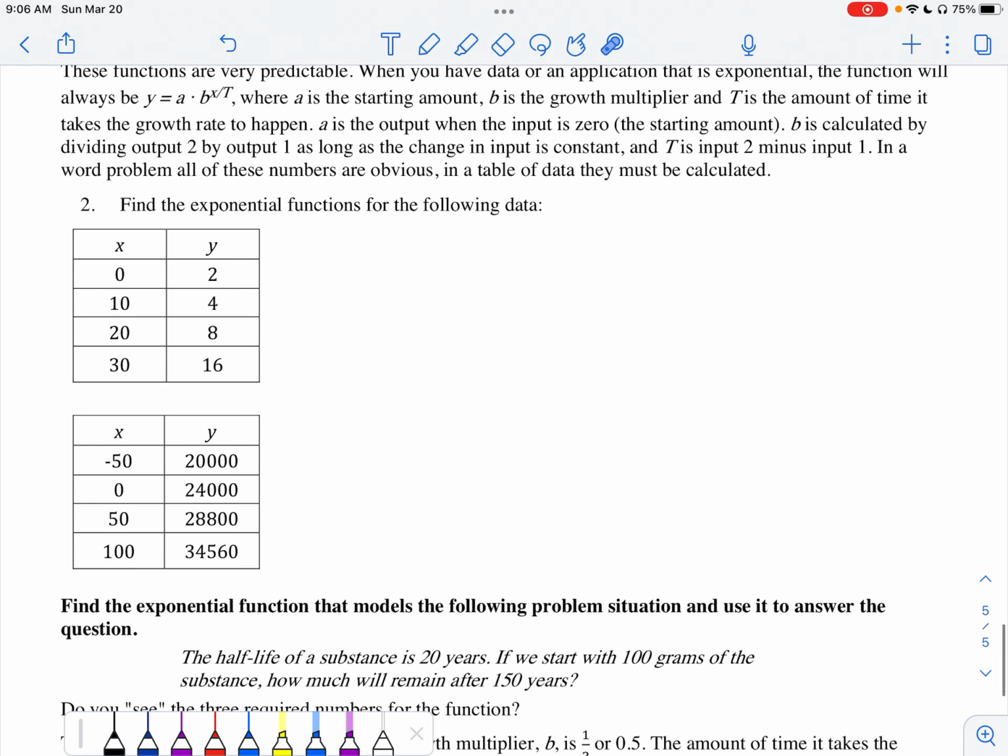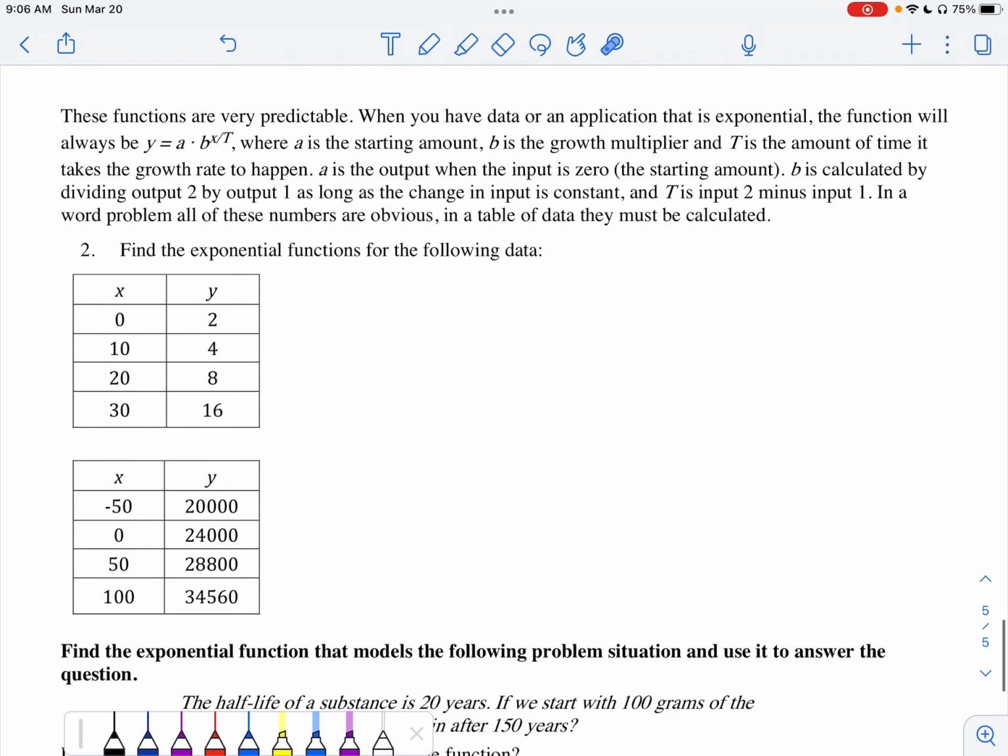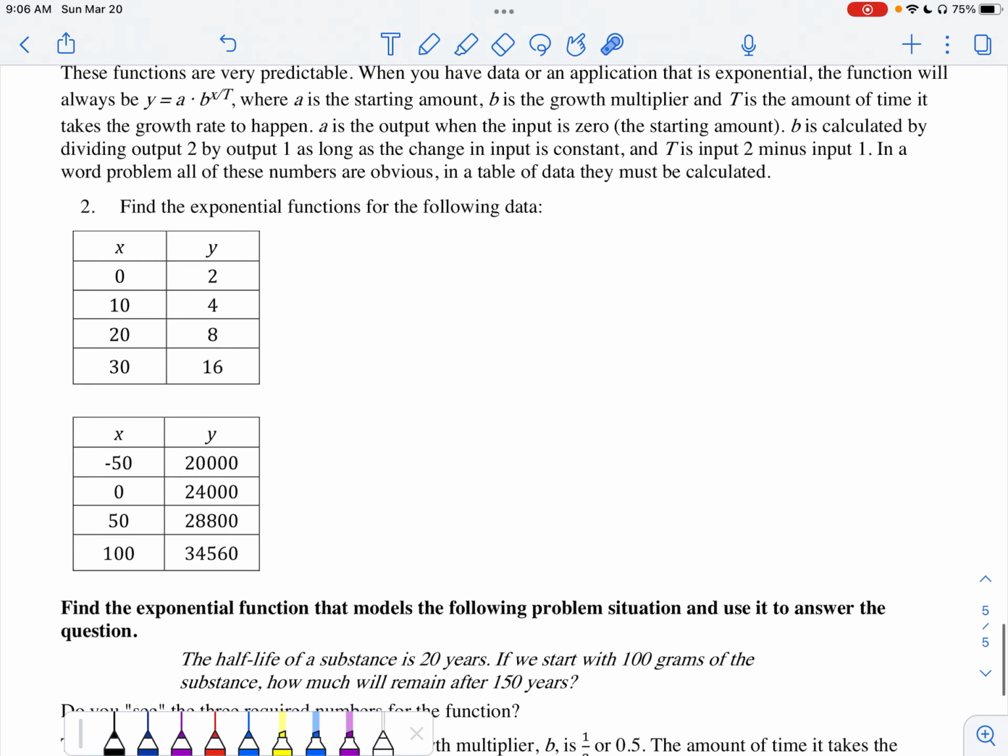So that's what we're going to do here, look at this table and calculate these different values. Our goal is to find an equation in the form y is equal to a times b to the power of x over t. So we need to find our a, b, and t values.